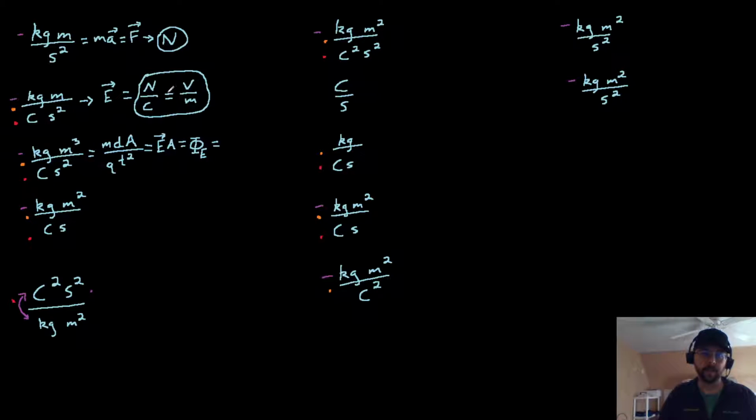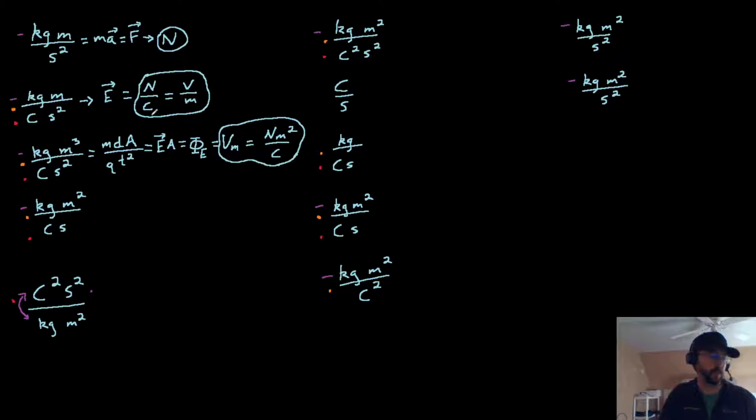So if you took the top one here and you multiplied it by meters squared, the meter on the bottom with the meter at the top would cancel and you'd have volts times meters. Or if you took the bottom one and multiplied it by meters squared, you'd have newtons times meters squared per coulomb. So these are at least two standard ways to represent electric flux.